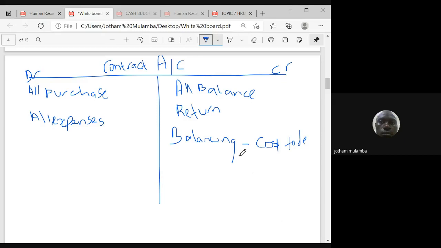So with that explanation, we would like to record the values on the debit side. From the question, you can give me the values to be recorded on the debit side.